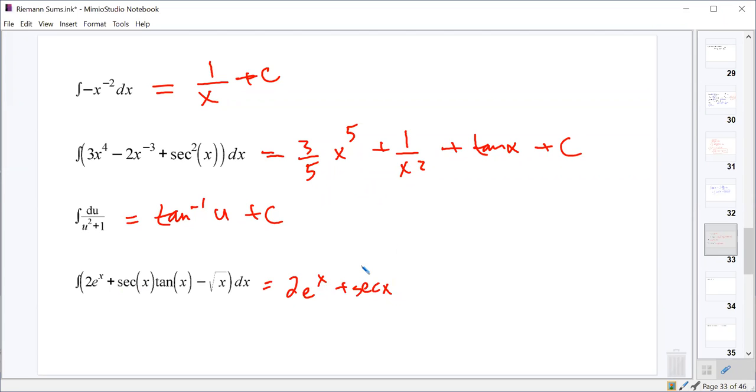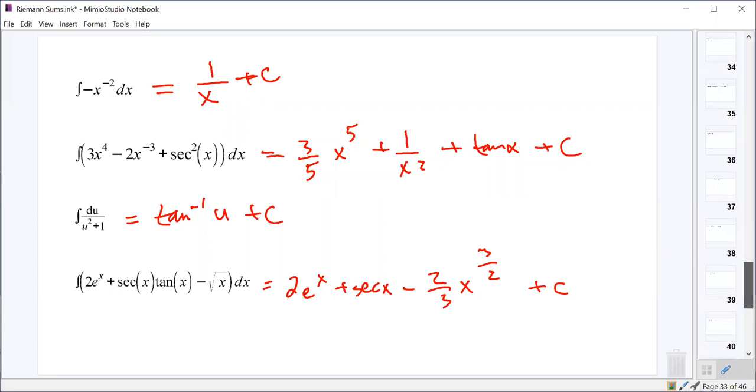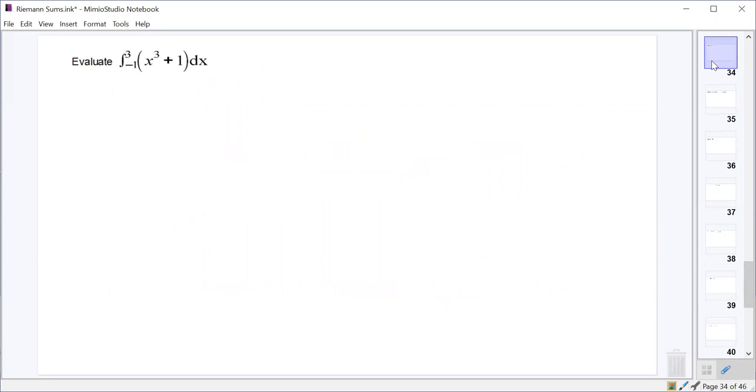And then the integral of x to the 1/2 ought to be minus 2/3 x to the 3/2 plus the constant. Any issues with those? All right. Should we stop there, or you guys want to continue on and evaluate a couple of these?